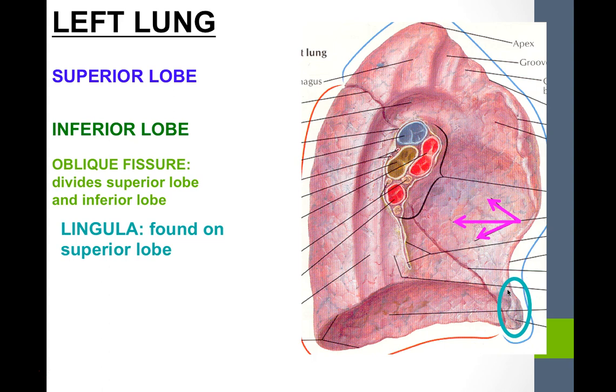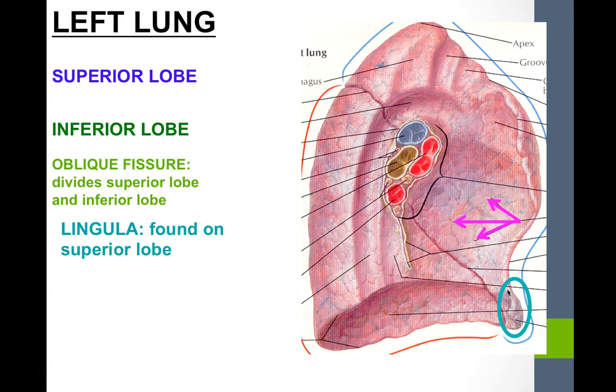Now, you might be wondering why your right lung would have three lobes and your left lung only two. The reason is that the left lung had to make room for your heart. And so your right lung is responsible for 66% of the oxygen exchange that takes place within your body because it's a little bit larger.